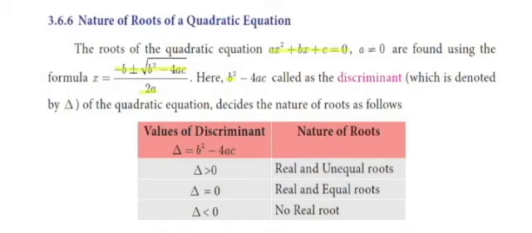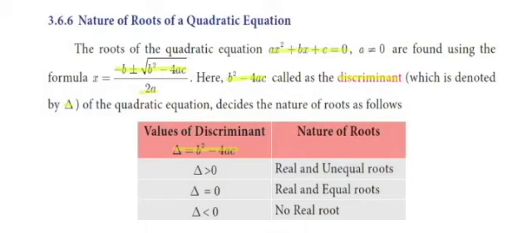In this, b square minus 4ac is called as discriminant, and the symbol of this discriminant is this triangle symbol, and we should call it discriminant. Discriminant is equal to b square minus 4ac.